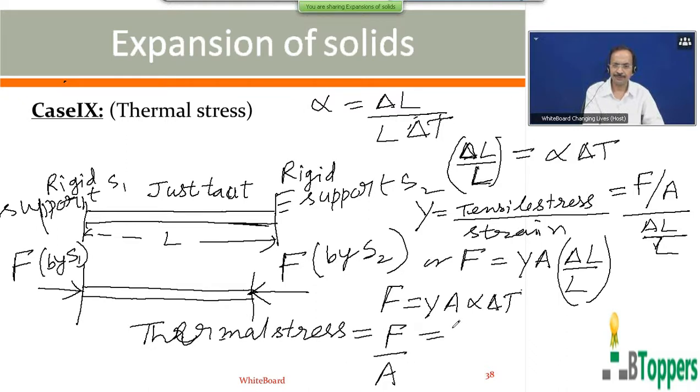That can be written as YA alpha delta T by A, or you can write Y alpha delta T. Delta small t we write when change in temperature is expressed on centigrade scale. We write delta capital T when the change in temperature is expressed on Kelvin scale.